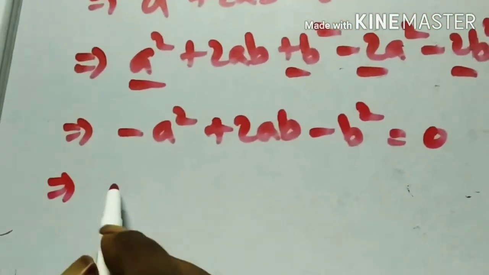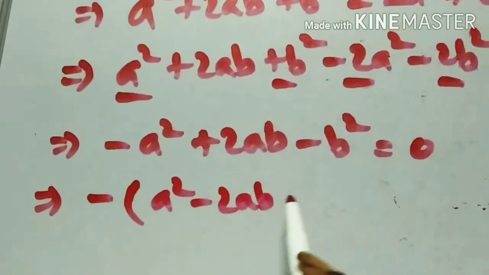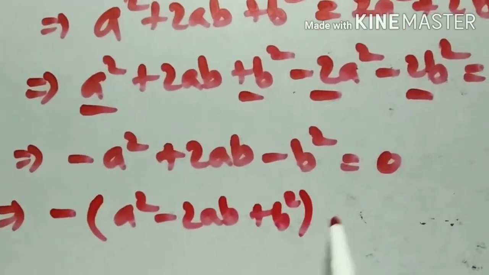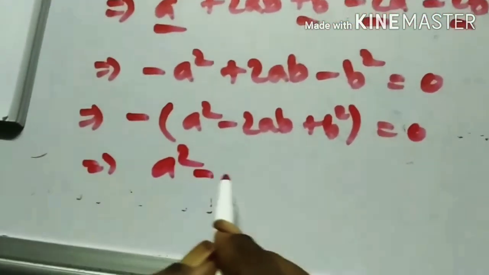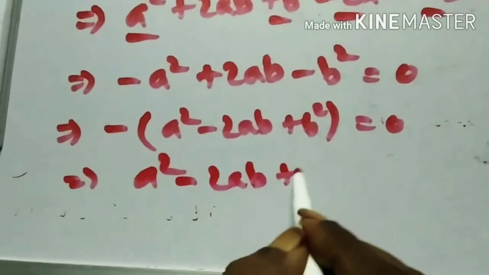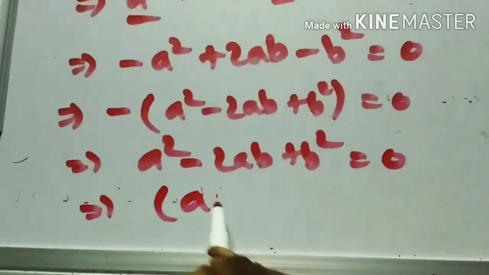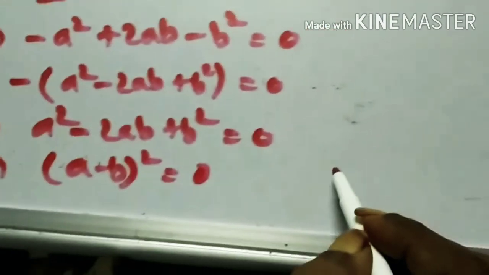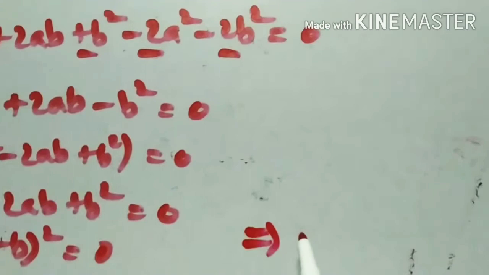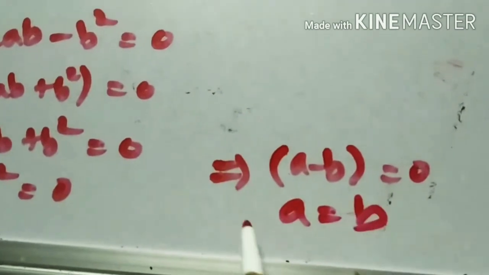Taking minus common, it becomes a square minus 2ab plus b square equal to 0. So this becomes (a minus b) the whole square equal to 0. So a minus b equal to 0, so a equal to b.